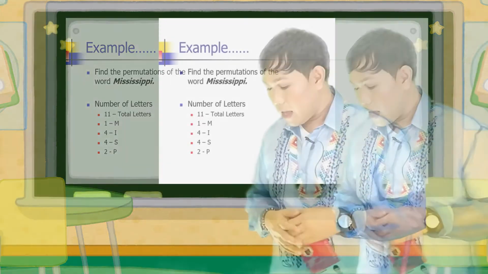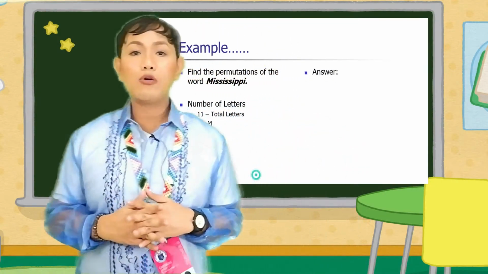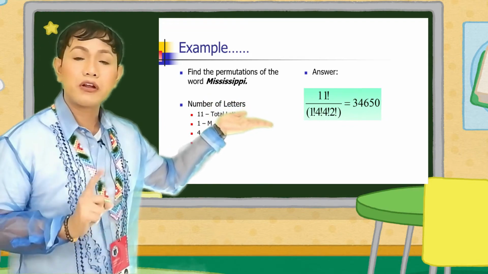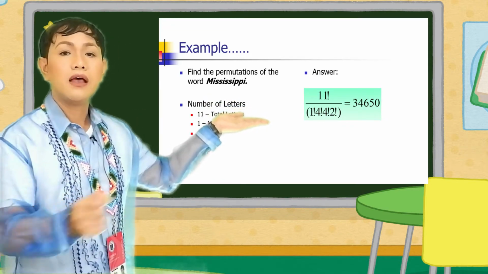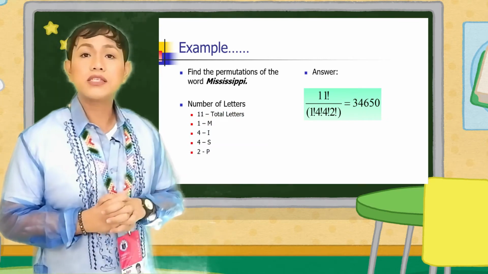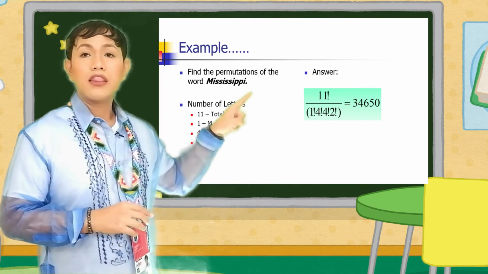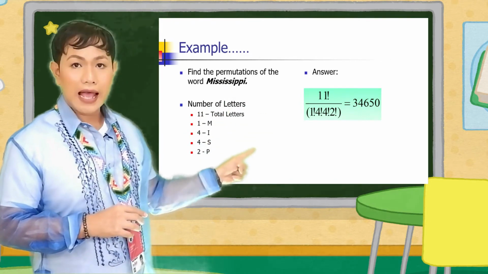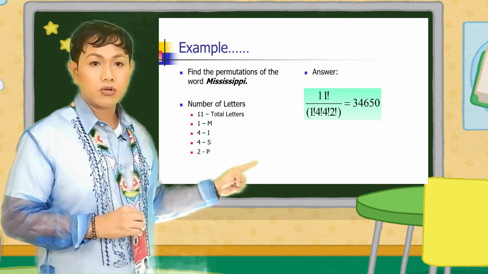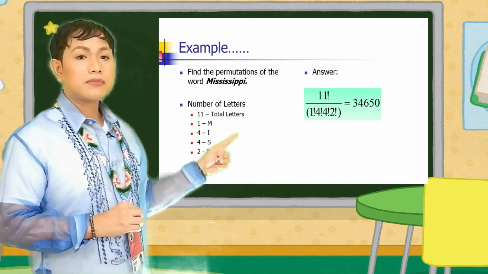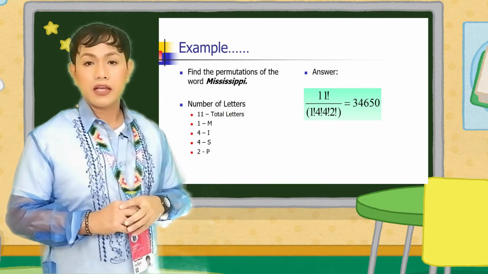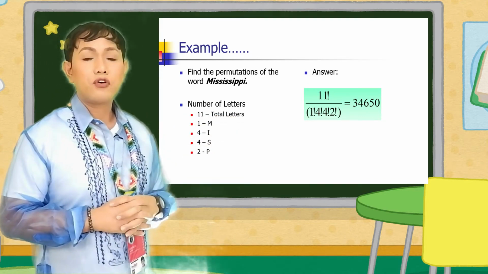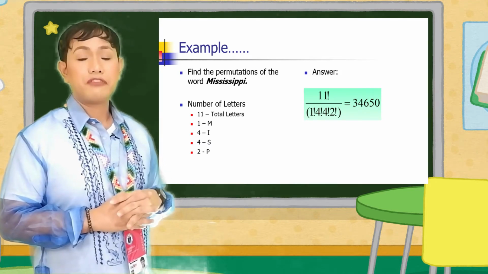So our solution would now be 11 factorial, that calls for the total number of letters in the word Mississippi, divided by the quantity of 1 factorial, that's for the letter M, times 4 factorial, which is for the letter I, times another 4 factorial for the letter S, times 2 factorial for the letter P. And when we answer that, we get to have 34,650.